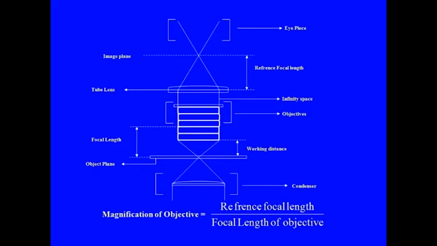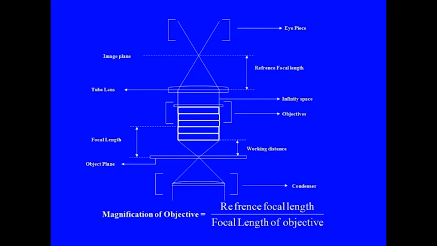A simple schematic here shows that you have other lenses like the condenser lens system, you have the object plane, and you have the objective lens which is placed in here. There is an additional lens near the objective lens, and it is called the tube lens. The light coming from the specimen, that is diffracted light or direct light, is directed at infinity by the objective.